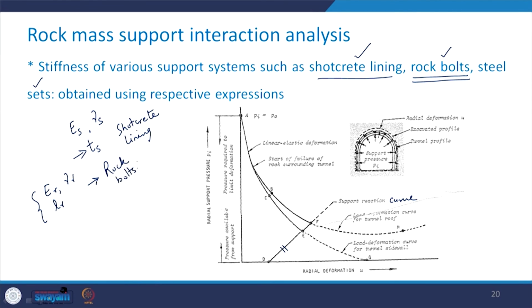So, once we know the stiffness of these support systems, we can follow this support reaction curve and find out what deformation can be permitted and what pressure is going to be exerted on the support system in the roof as well as the side wall portion.